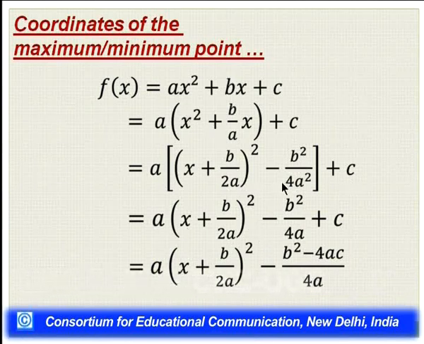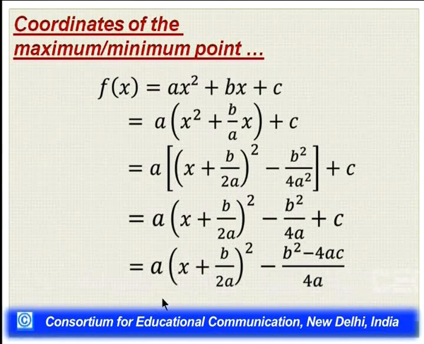Okay, so now let's take the a term inside, that gives us a times (x + b/2a)² minus b²/4a, because once I multiply a with b²/4a², one of the a's will get cancelled, and I get b²/4a plus c.